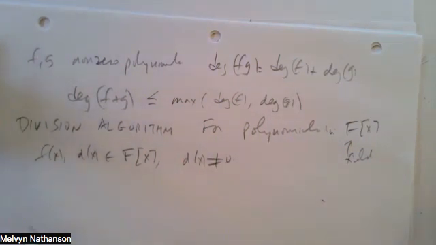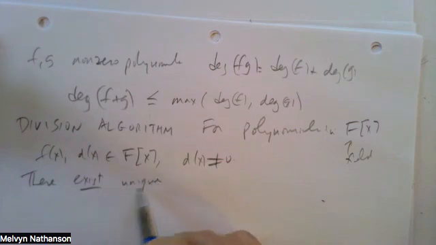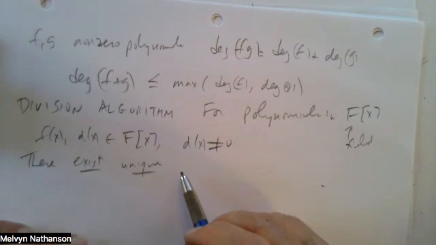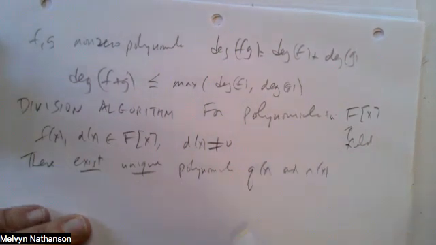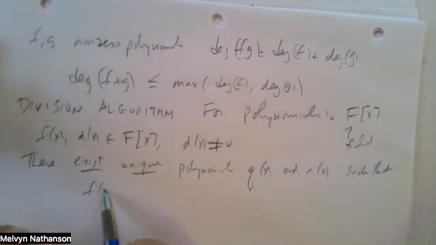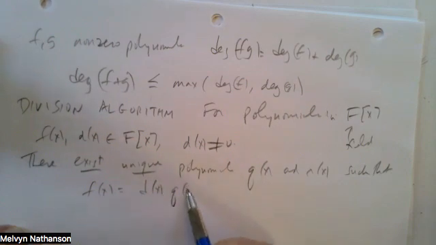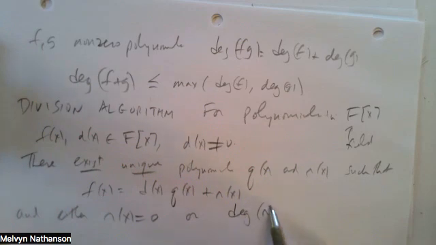The algorithm says there exist unique polynomials q of x and r of x such that f of x, divided by d of x, gives a quotient q of x and a remainder r of x, and either r of x is zero, or the degree of r is strictly smaller than the degree of d.